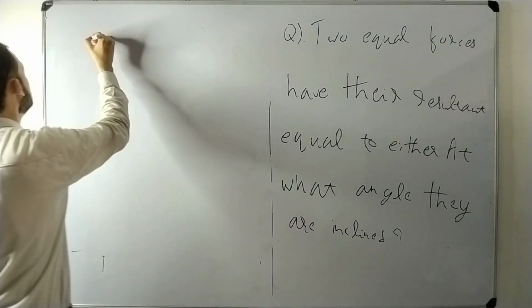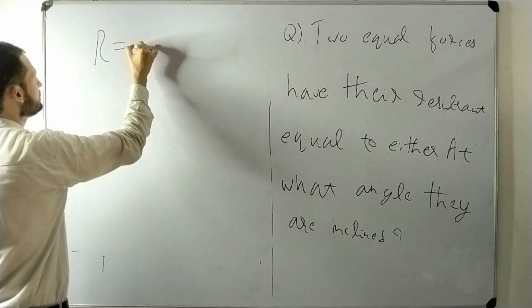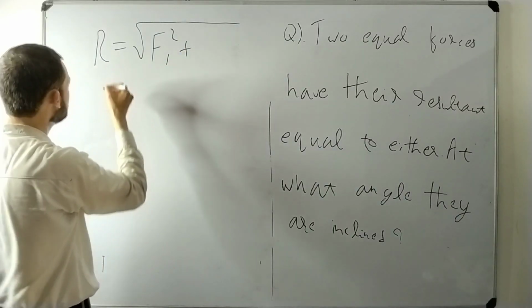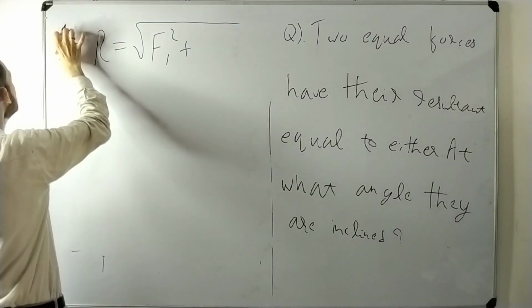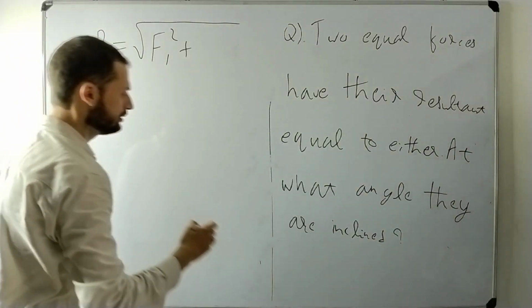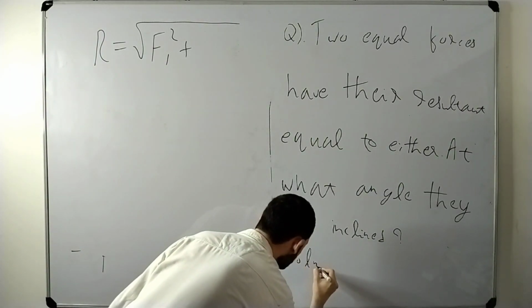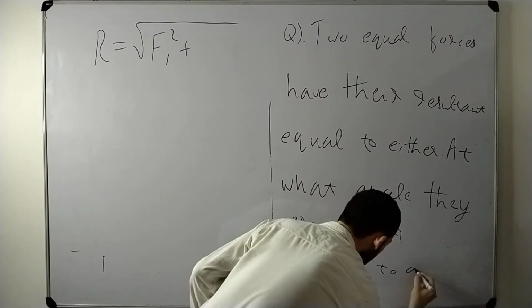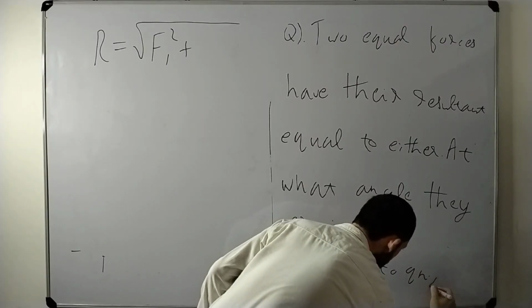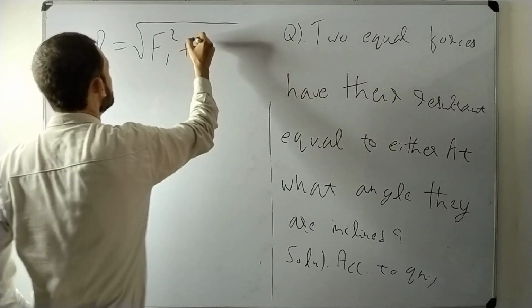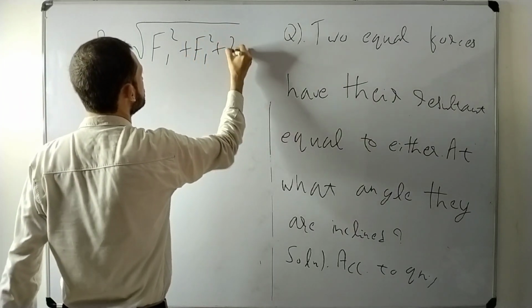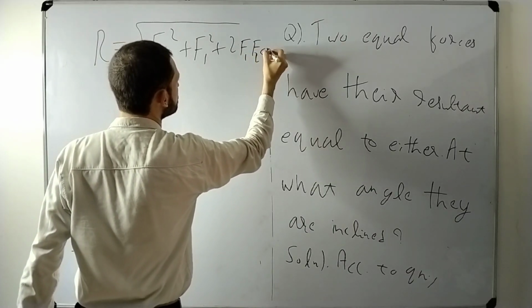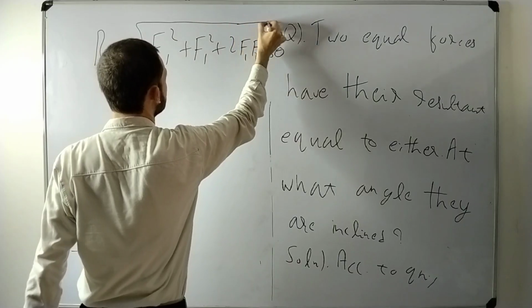So I would write resultant is such that under root f1 square. Not writing solution here, here. Solution: according to question, resultant R is under root f1 square plus f2 square plus 2 f1 f2 cos theta, right student?